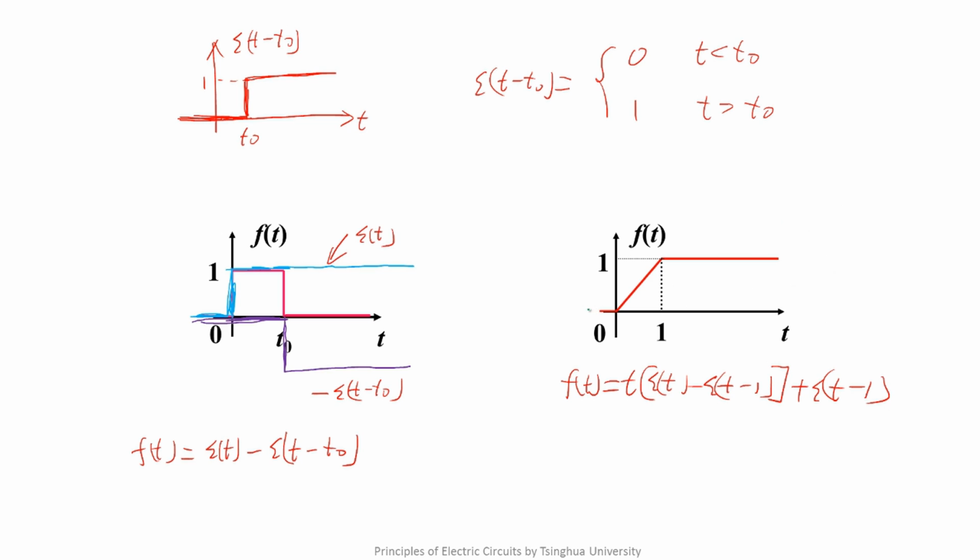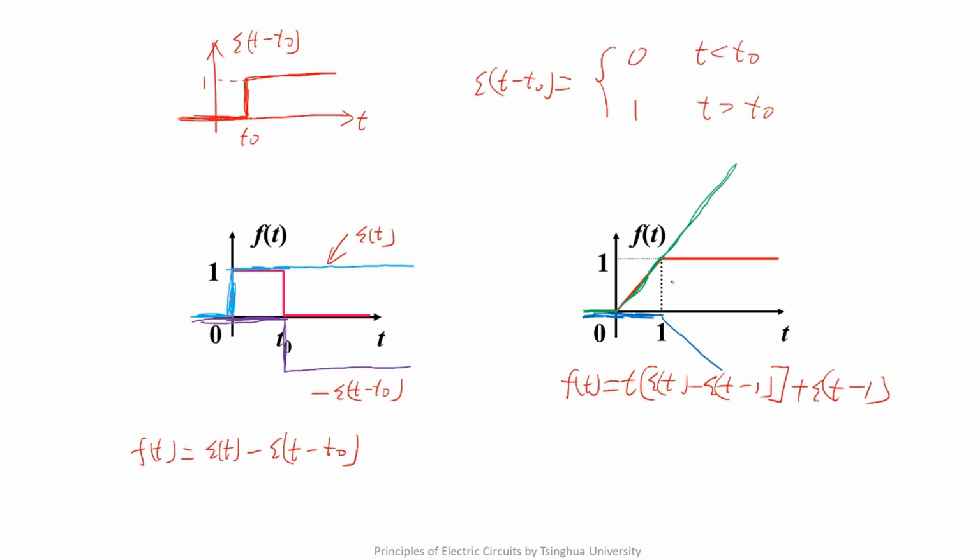Firstly, the function can be seen as this line. When t is greater than 1, it's different from the previous function. To make a compromise, another function should be superposed on it when t is greater than 1. The function should be downward and its slope is -1.